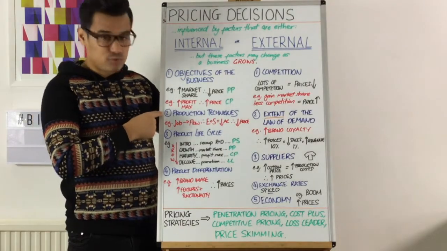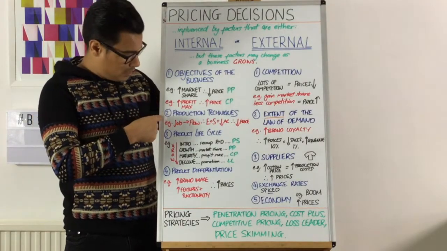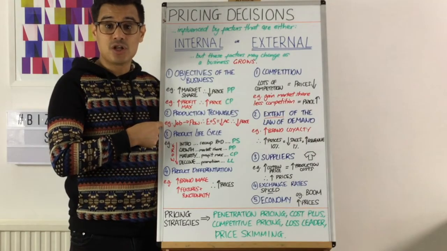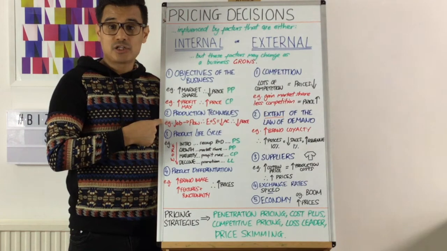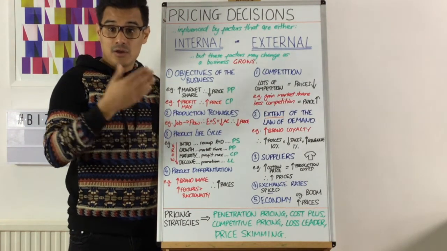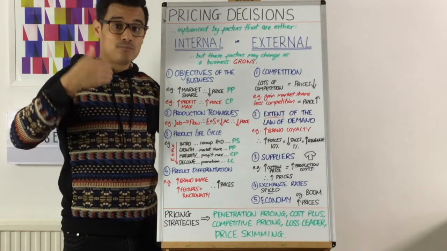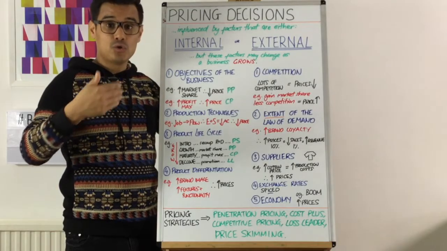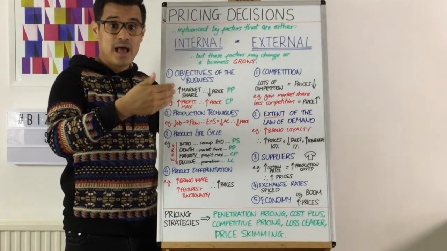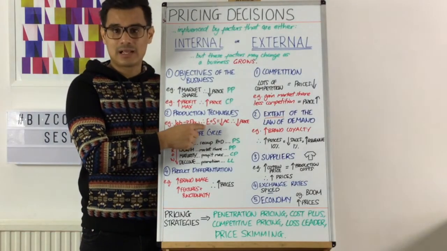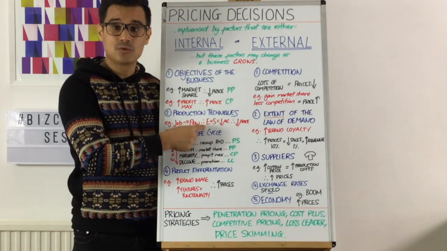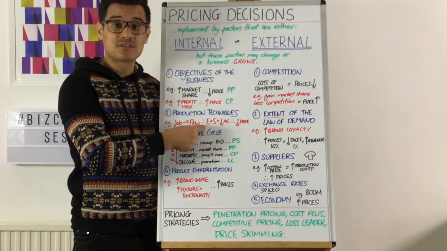Number two, production techniques. So a classic situation a growing business is faced with is that they'll change their operations, their production techniques will change from job production to flow production. And in changing to flow production, it's likely that you're using more machines, more capital, and that will lead to economies of scale.